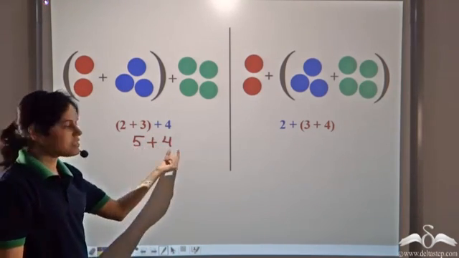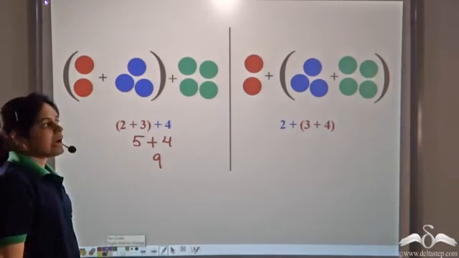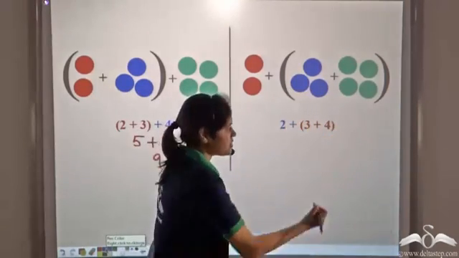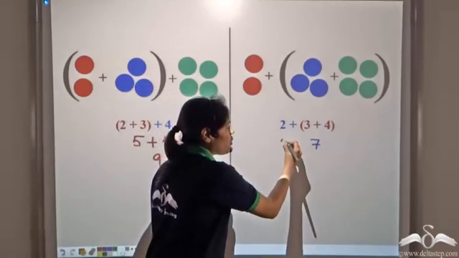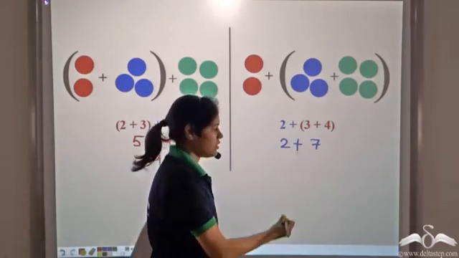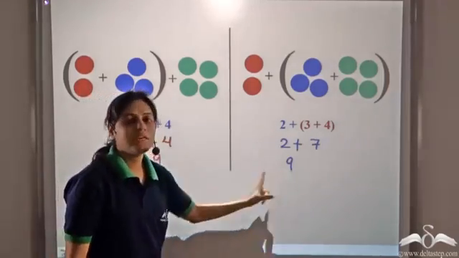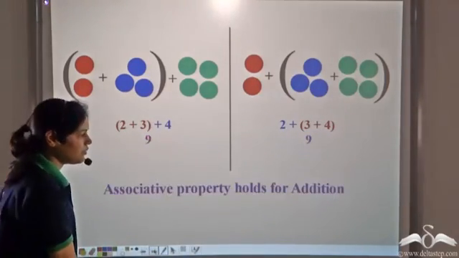Now you add this to 4 and you get 9. Another way in which you can do is you add these 2 groups first. So you have 3 plus 4, 7. And now you add 2 to it. So you get 9. So we see that we get the same answer in both the cases, which is 9.